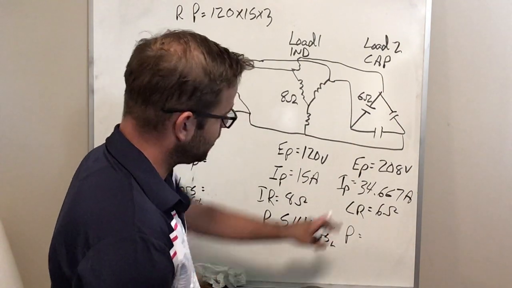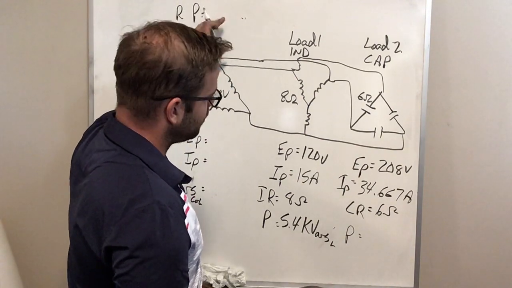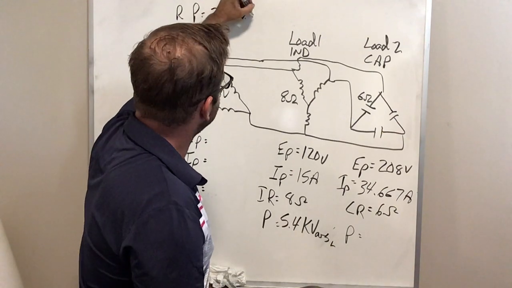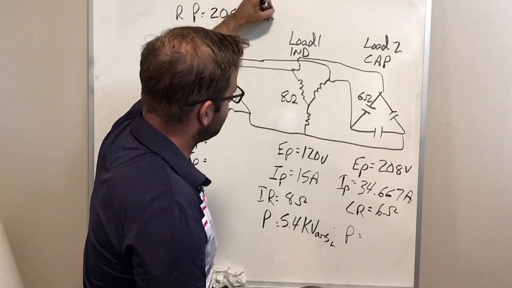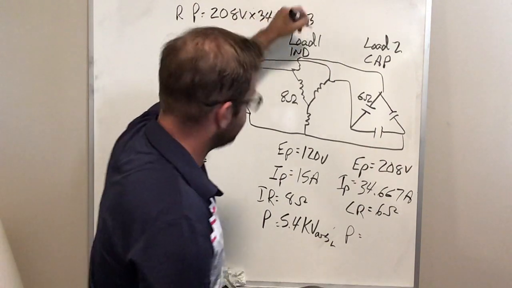And we look at load number 2. Load number 2 is going to be 208 volts times 34.667 times 3.